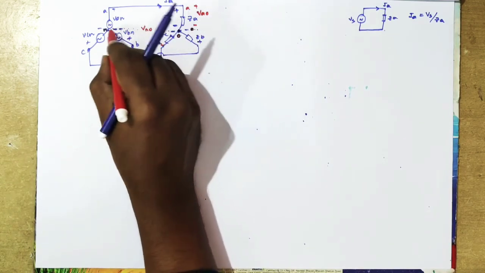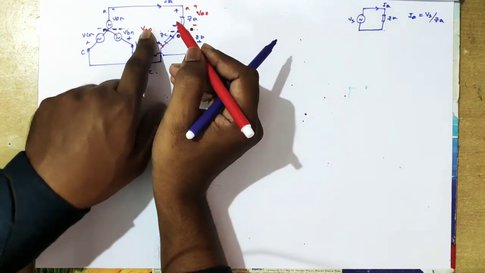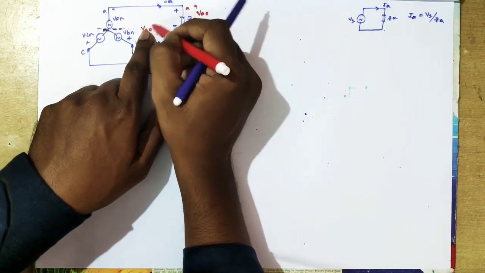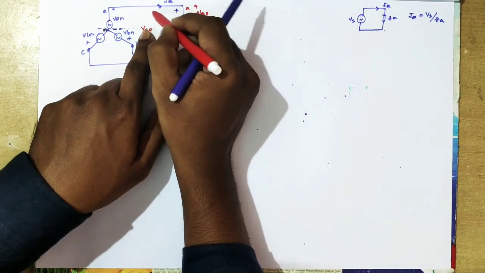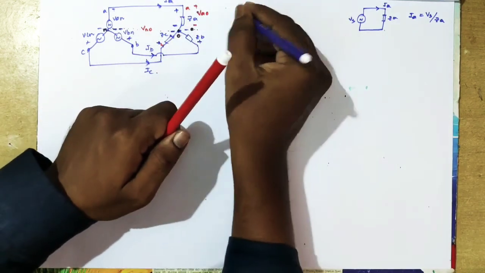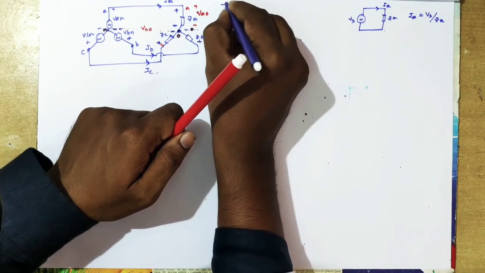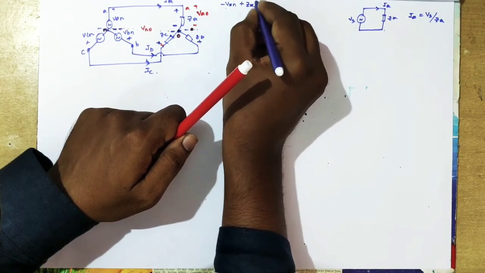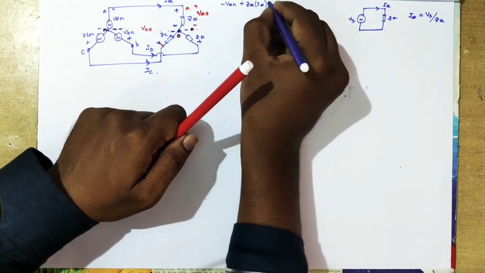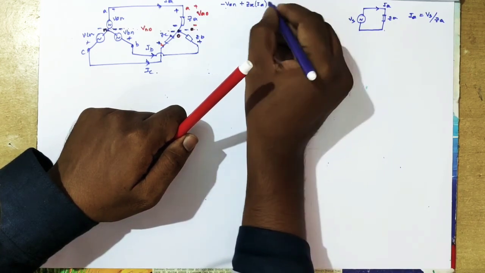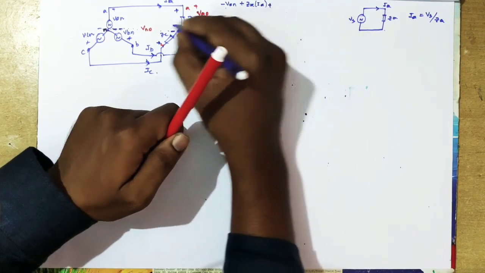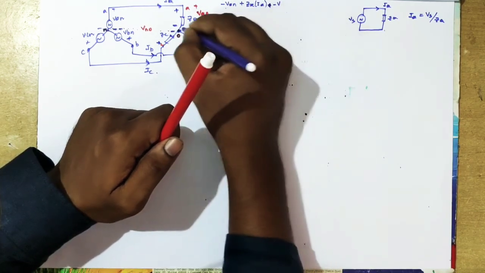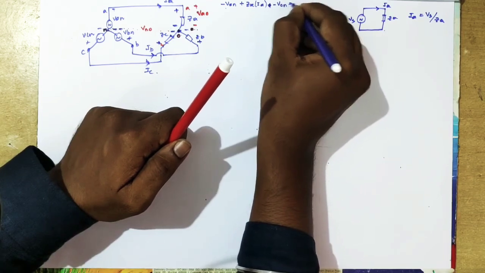So if you know VNO, if you have a loop here, loop current, so minus VAN plus ZA IA minus VON equals 0.